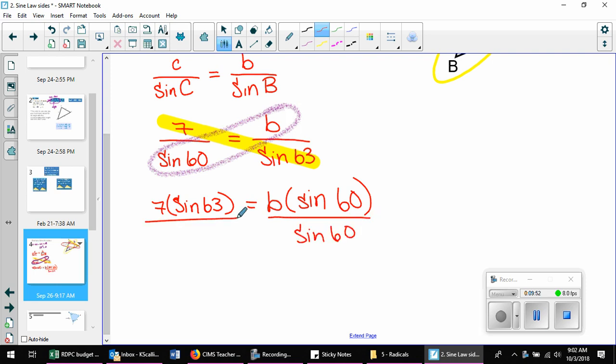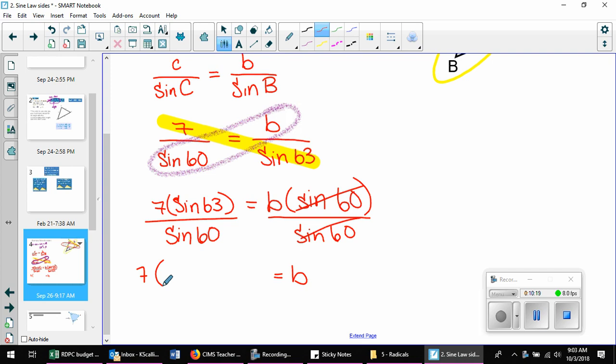Those cancel each other out, which is nice, so then we would just be on this side. I can do this all in one go in the calculator, but I'll put the decimal places so you can see it.